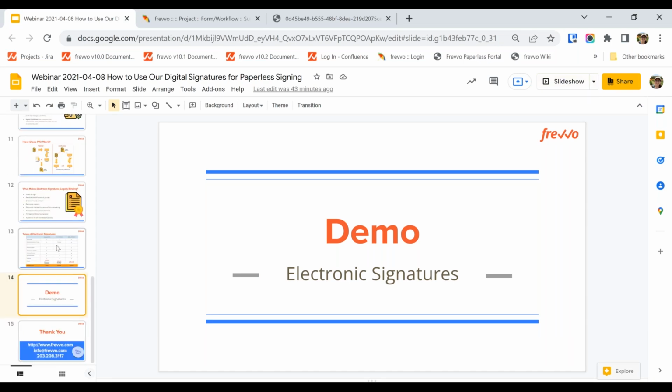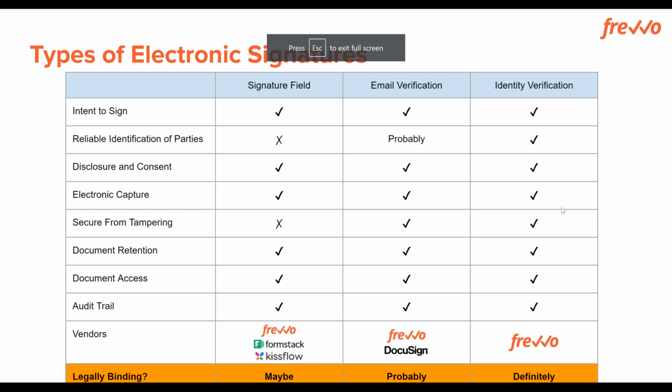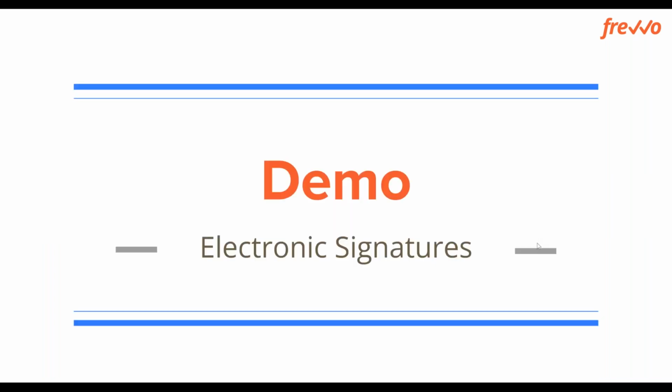So we have pretty much covered all of the 3 different types of legally binding digital signatures in frevvo. And we've shown you also how easy it is to use with drag and drop tools, point and click visual, custom logic, and dynamic assignments.